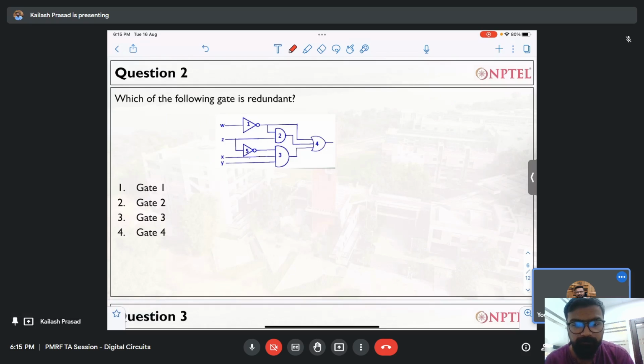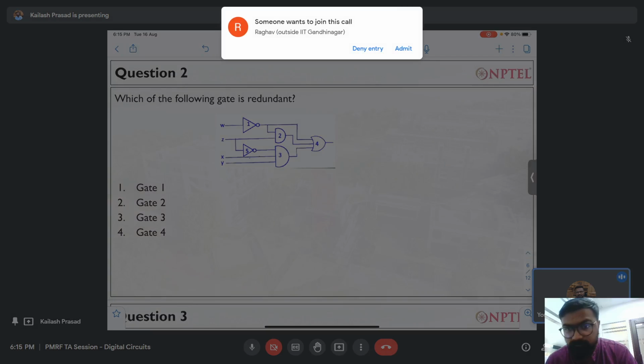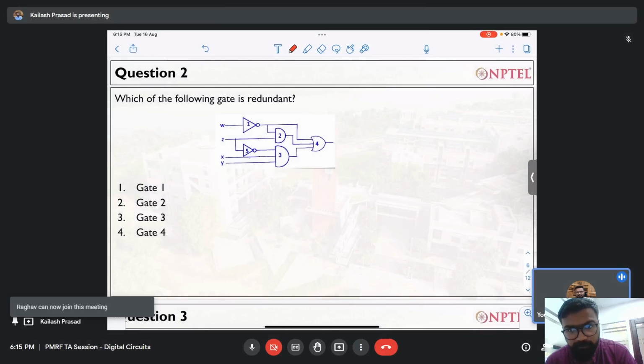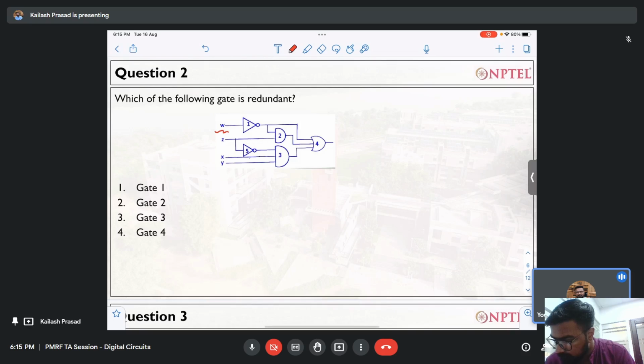Anyone? Okay, then I will proceed. See, 5 is not in the options, so obviously 5 is not the gate. Let us see the output of each of these nodes. If we see here, this W, the output will be W bar for this node.